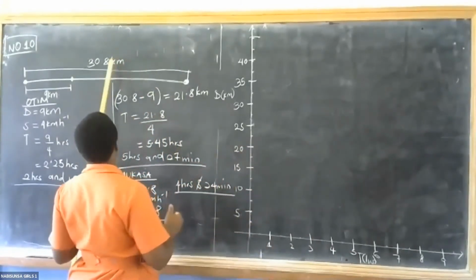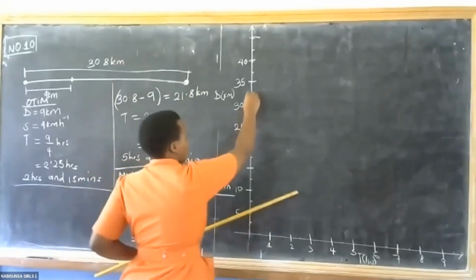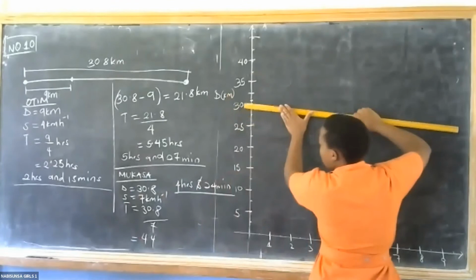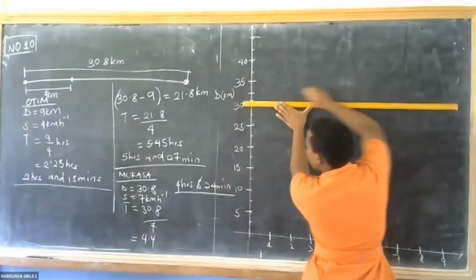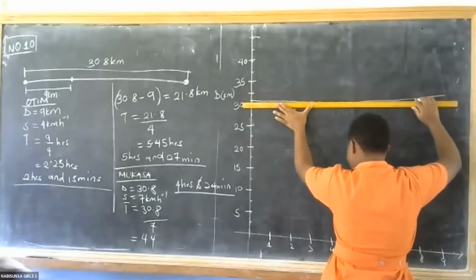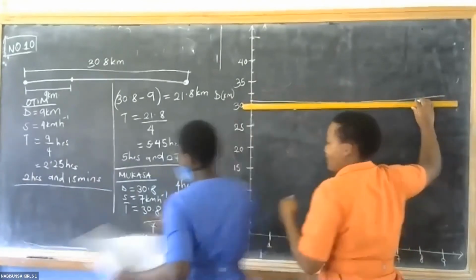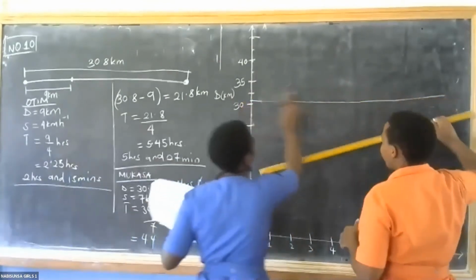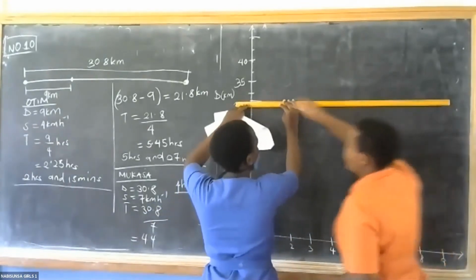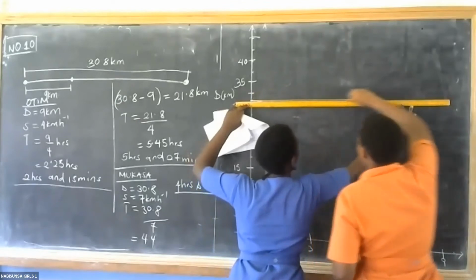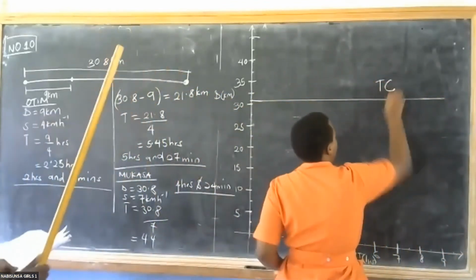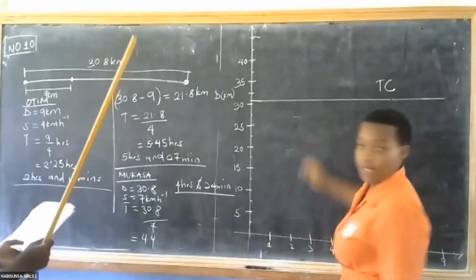The whole journey is 30.8, and 30.8 is somewhere here. So this is the trading center, and this is where they're all going.